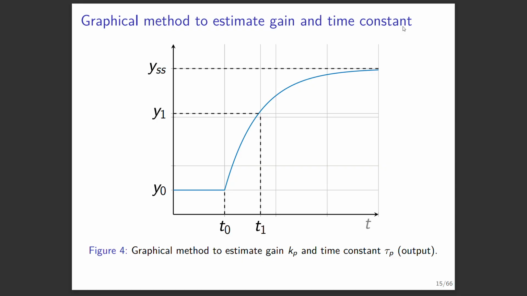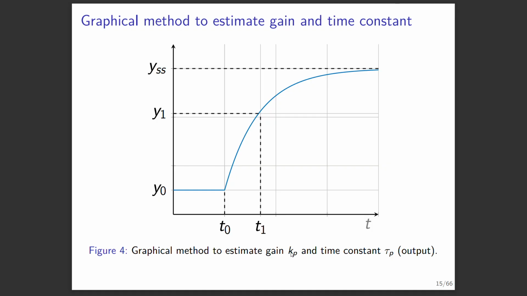Again, remember that the final value of a first-order system is its gain, or Kp, times the magnitude of the input, which we show with capital A in this course. But can I just say YSS here should be capital A times Kp?